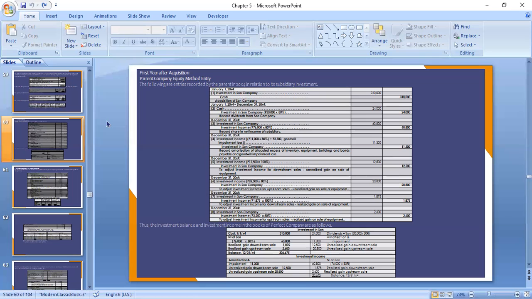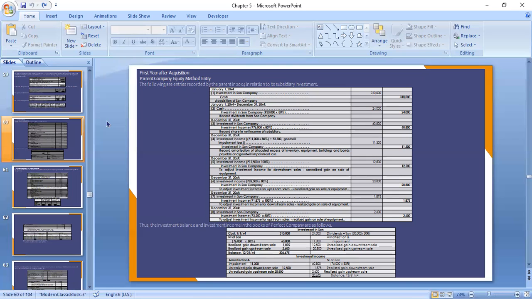account. Now, on December 31, 20x4, you debit investment income and credit investment in Sun for the amortization of the allocated excess of inventory, equipment, buildings, and bonds payable and goodwill impairment loss. So, the investment decreases and the income also decreases.